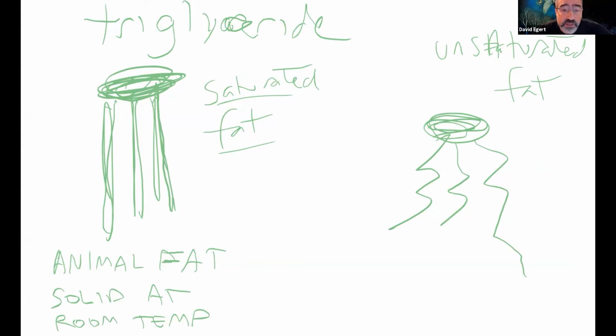The unsaturated fats tend to be found in plants. Because they don't pack so well, because they have those bent up tails on the fatty acids, these tend to be liquid at room temperature.